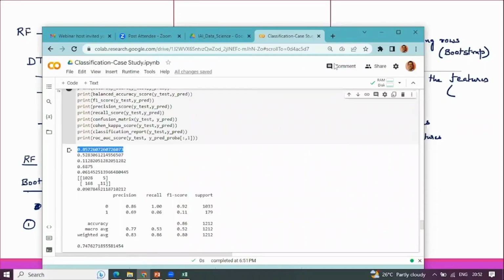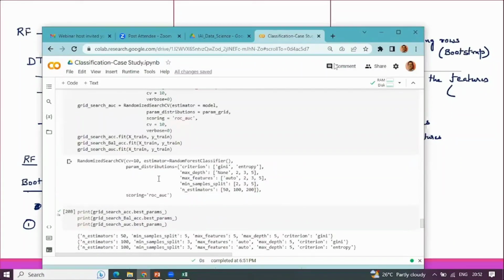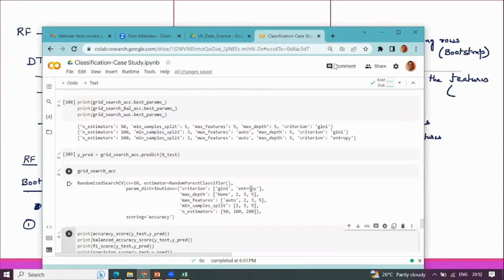But again, if I have to run a grid search here, 2 times 4, 8 times 4, 32 times 3, 96 times 3. So almost 300 models would be created, and random forest always takes a lot of time because each time so many trees have to be grown. Right? So normally itself, random forest takes more time.